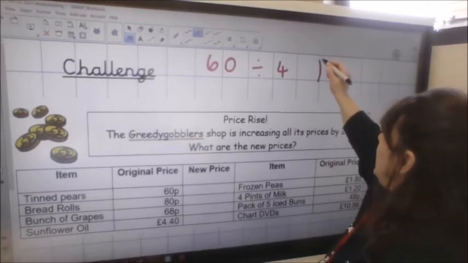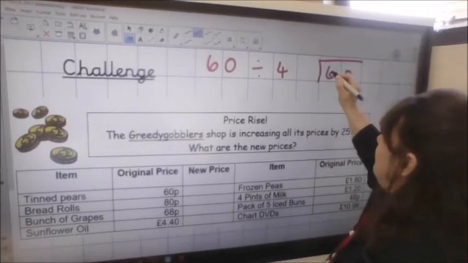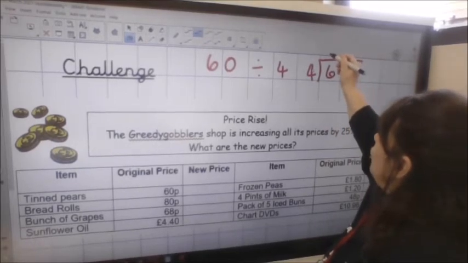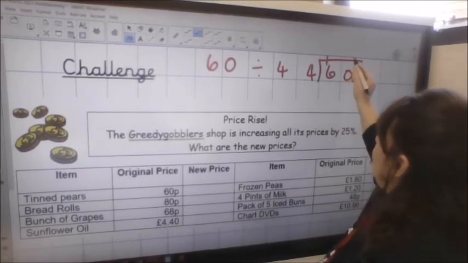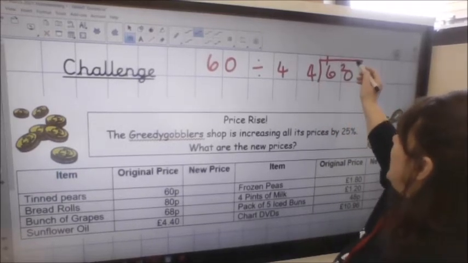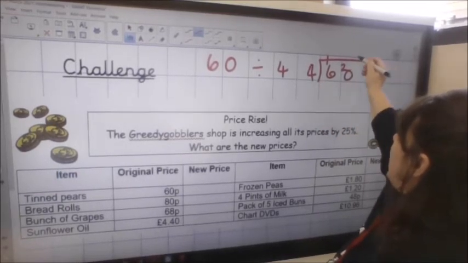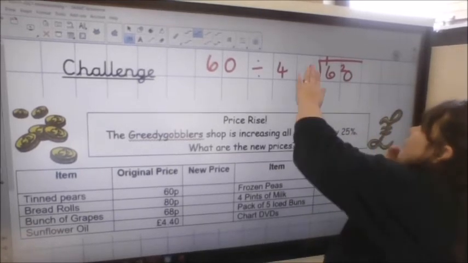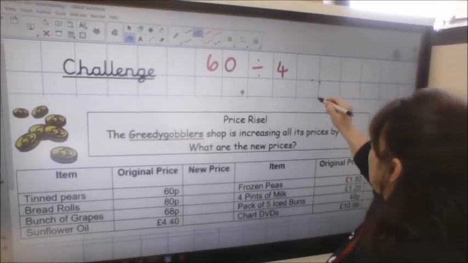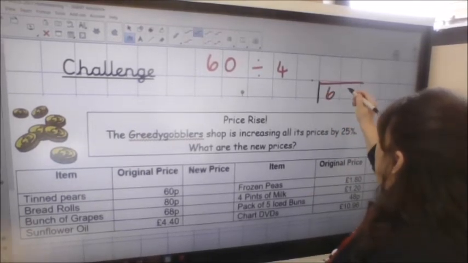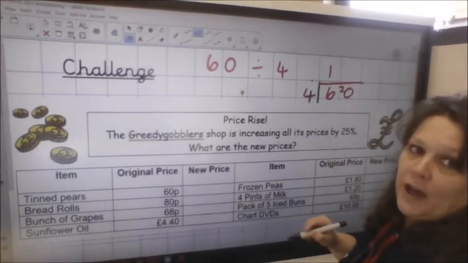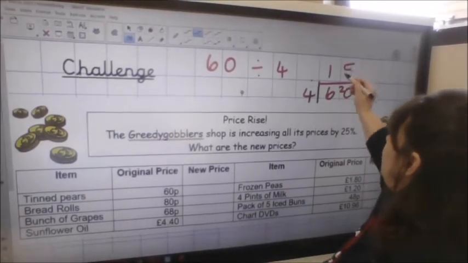So here we go. 4's into 6 goes once with 2 left over. And then 4's into 20 goes 5. So it's another, if I move it down, oh, there we go. Let's try it. Write it out again. So 4's into 6 goes once with 2 left over. 4's into 20 goes 5.